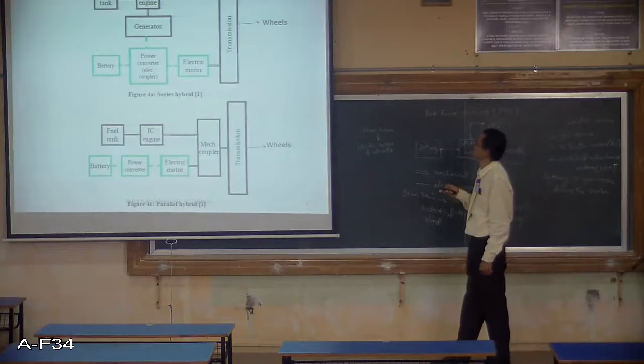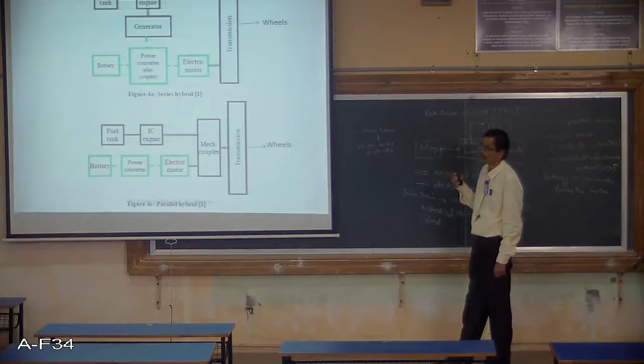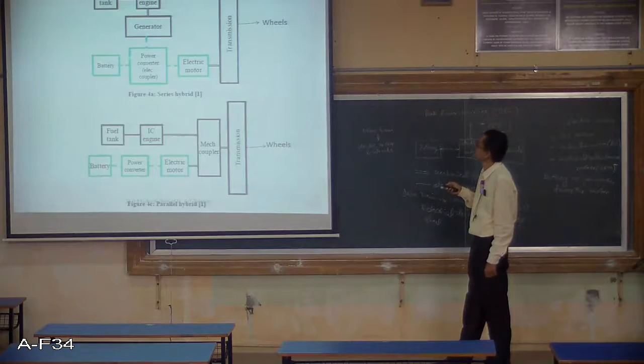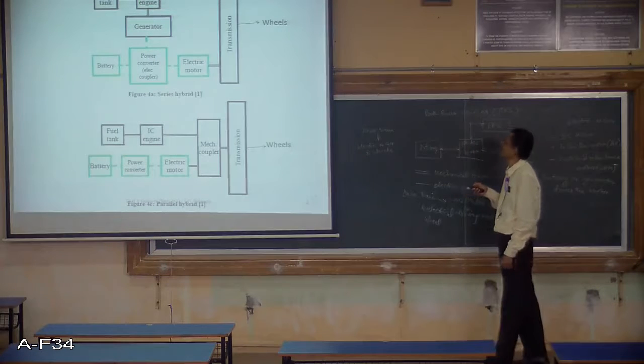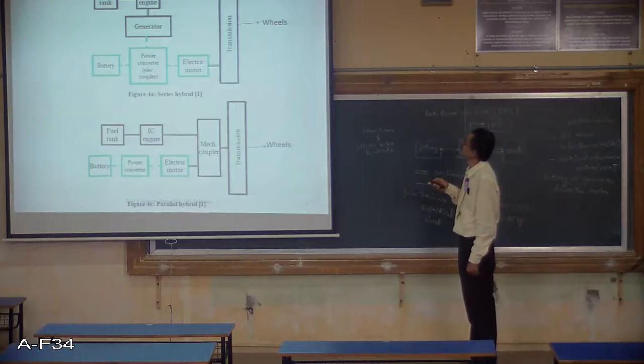Whatever power is available from the generator, in whatever form, whether AC or DC, higher voltage or lower voltage, the converter will suitably modify it and give it to the battery, so that the generator will charge the battery through this power converter. That is what is shown here.